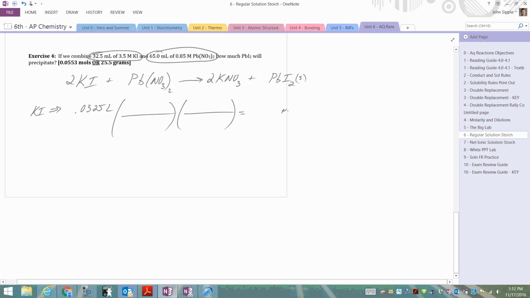We're going to moles of lead iodide. So let's see, we got 3.5 moles of KI for every 1 liter. And there's 1 mole of lead iodide for every 2 moles of KI.